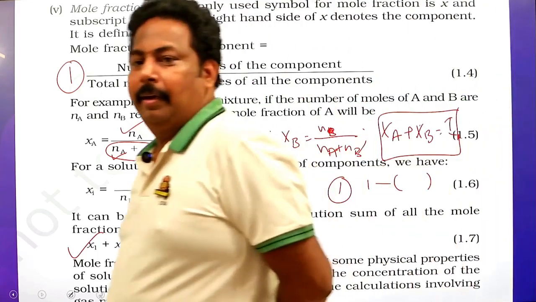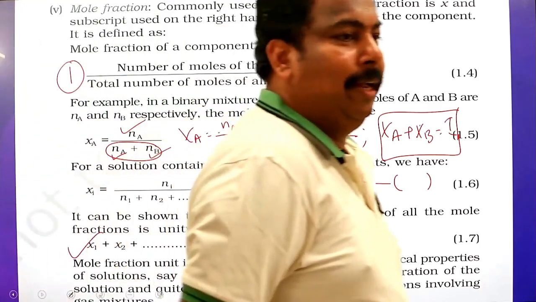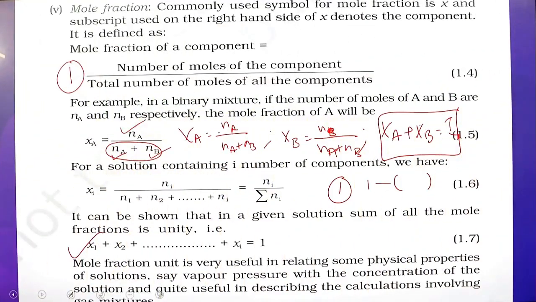I repeat it. Take two solutes: Na, the number of moles of solute A, Nb, the number of moles of solute B, and Nc, the number of moles of solvent C. I want you to calculate XA, XB, Xc separately, and then add them.